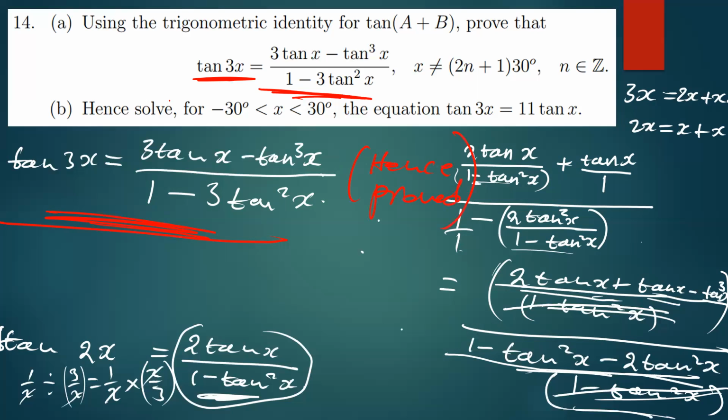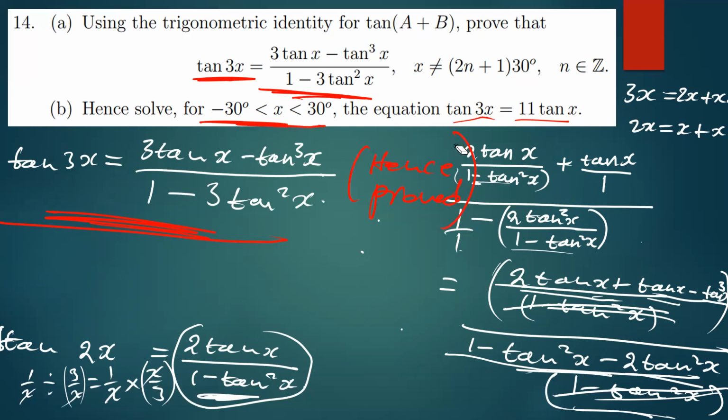So from there, the question continues to say, hence solve for the domain that has been given, the answer is supposed to be from negative 30 to 30. The equation is tan 3x is equal to 11 tan x.